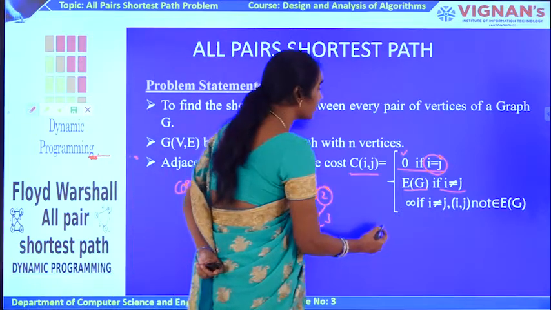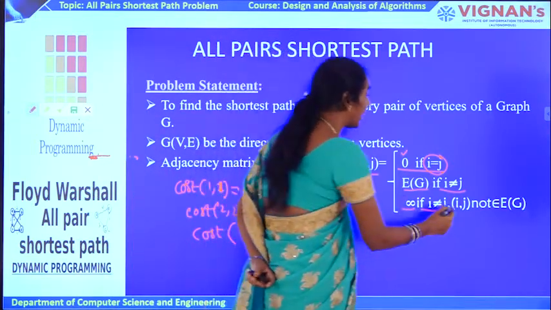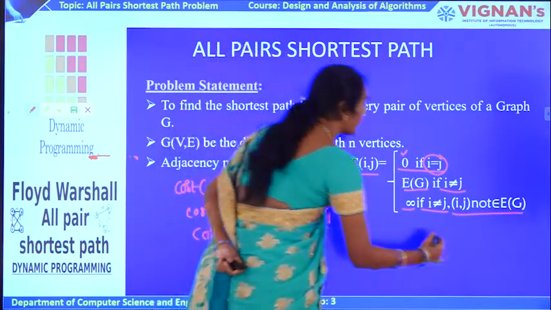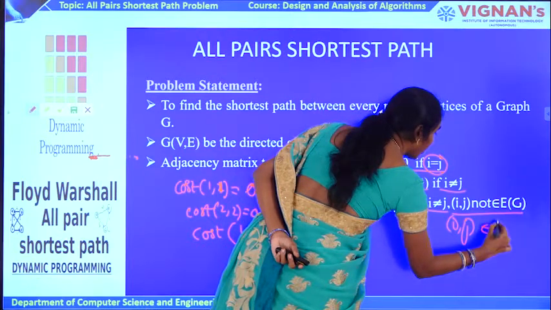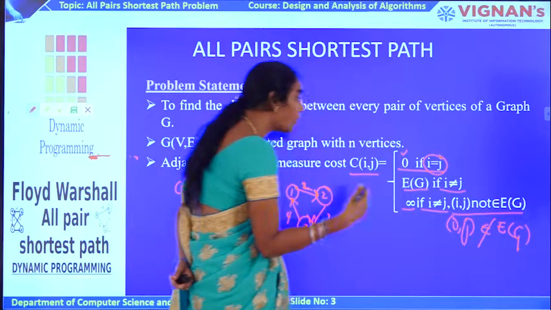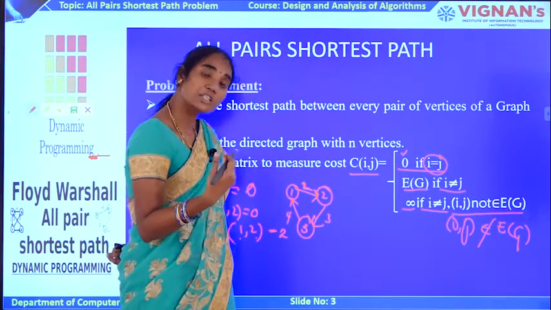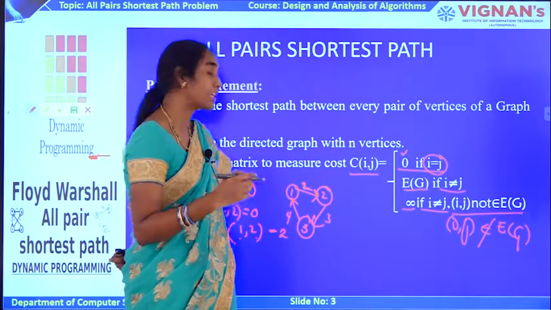Now, the cost is infinity if i is not equal to j and (i, j) does not belong to E of G. So, if there is no edge from i to j and I want to find the corresponding cost from i to j, in that case I have to produce infinity.